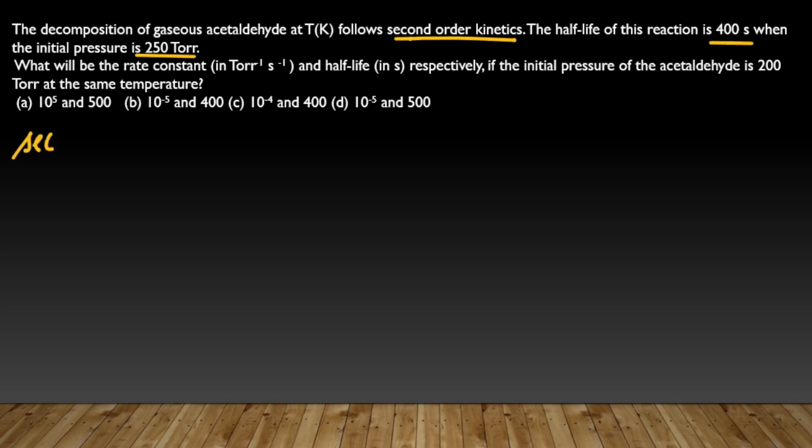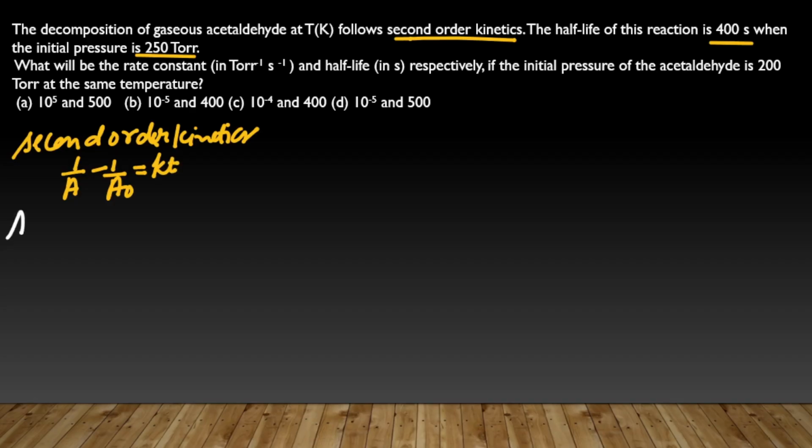For second-order kinetics, the integrated rate expression is 1 by A minus 1 by A naught equals KT. For the half-life, the A value will be equal to A naught by 2, the remaining concentration, since 50% of the reaction is completed.